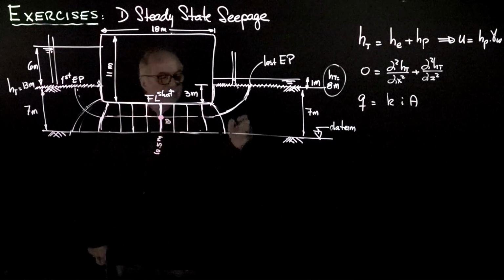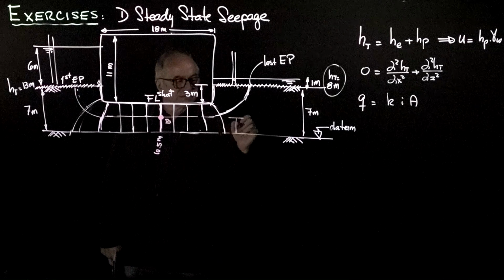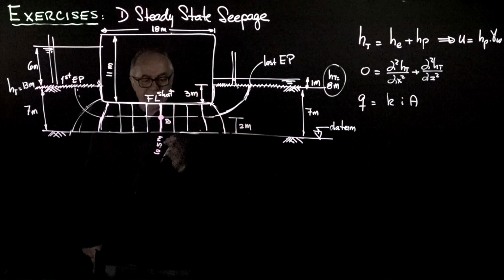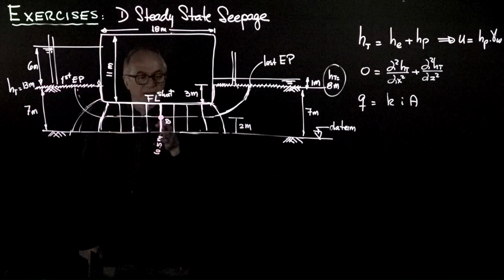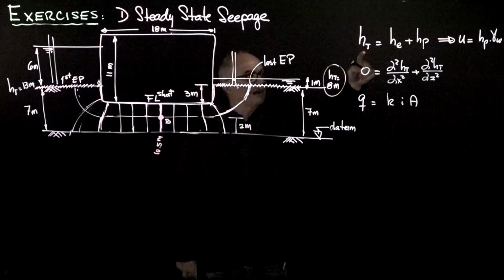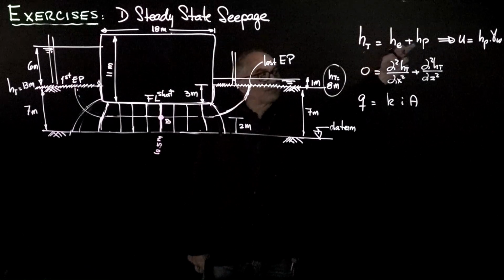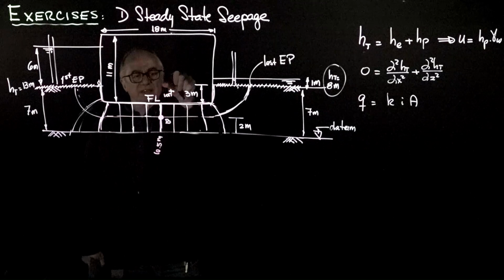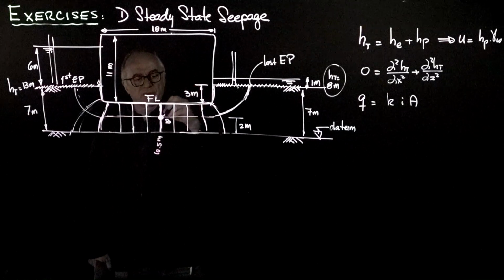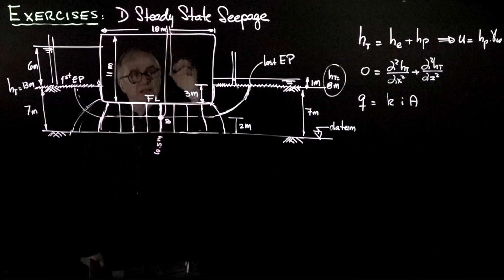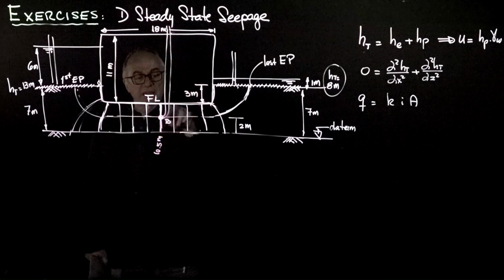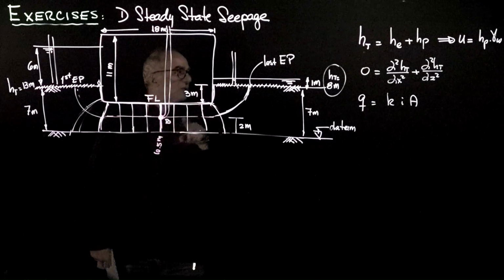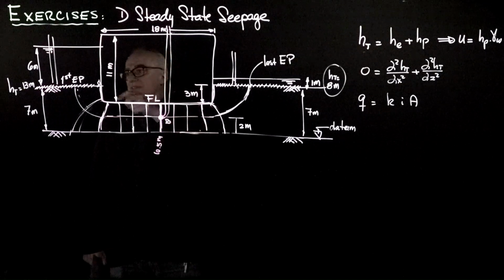So this point B is 2 meters high. So that is the elevation. And the total head is 10.5, the elevation is 2, so the pressure head is 8.5. So if I place a piezometer at this point, how high will the water go up? It will go up in the piezometer 8.5 meters to a total head of 10.5.